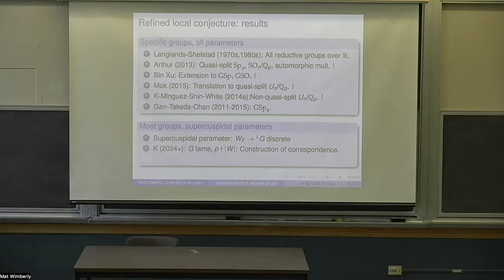And in that case, in the same paper that's collecting dust somewhere, I was able to construct this correspondence for pretty much all reductive groups, at least those that split over a tame extension, where the prime does not divide the order of the Weyl group. This is the same restriction as in Vincent's result. And also in my work with Vincent and Spice, we proved the normalized character identities under even more conditions on the base field.